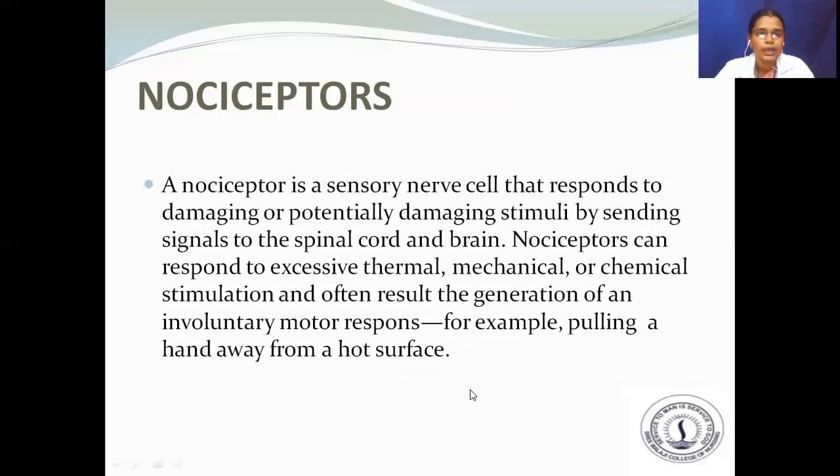Next one is the nociceptor. A nociceptor is a sensory nerve cell that responds to damaging or potentially damaging stimuli by sending signals to the spinal cord and the brain.